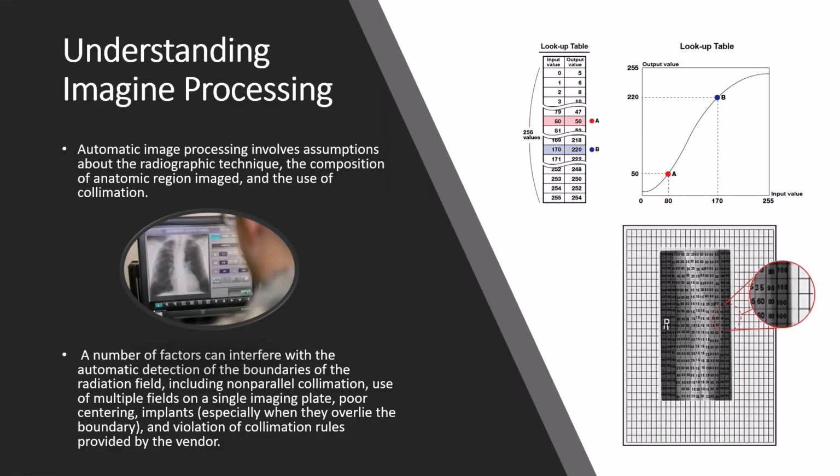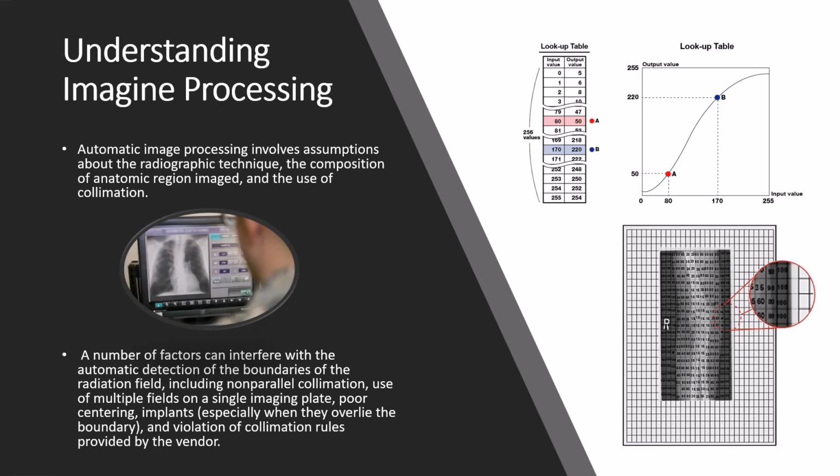Understanding imaging processing and creation in digital is far more important than it was in film screen radiography. Using the photographic process in film screen radiography, you were only able to produce one image, and it was easy to see because of the small dynamic range if it needed to be repeated or not because of contrast or positioning.